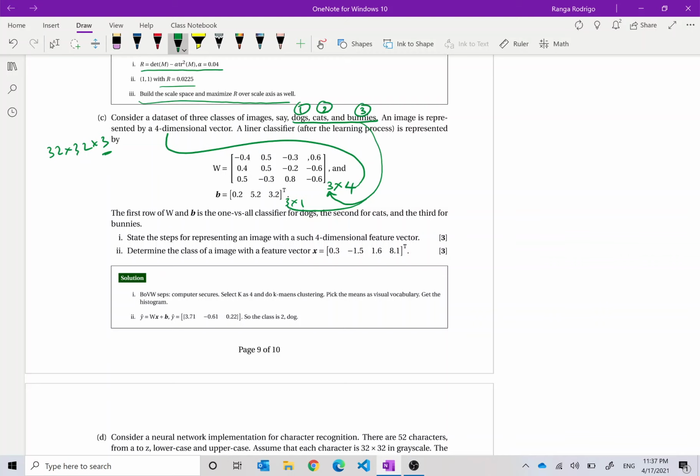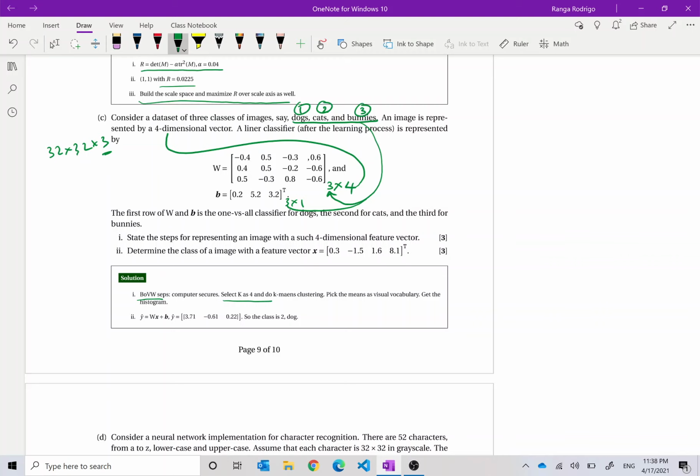State the steps for representing an image with such a 4-dimensional feature vector. So in this case, you have to write the bag of visual words steps. First you have to compute the features. Select K as 4, that means the dictionary size or the vocabulary size.